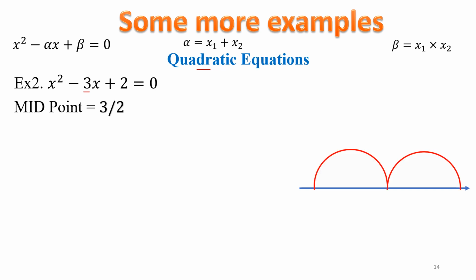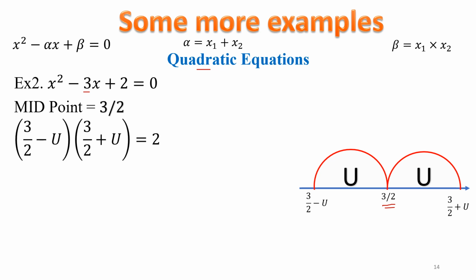So you identify a number line on which the point 3 by 2 is of our interest, and then we have to go u interval on both sides so that you can arrive at the roots, where the roots are expressed by 3 by 2 minus u and 3 by 2 plus u, and the whole issue is now finding u. That is very simple.